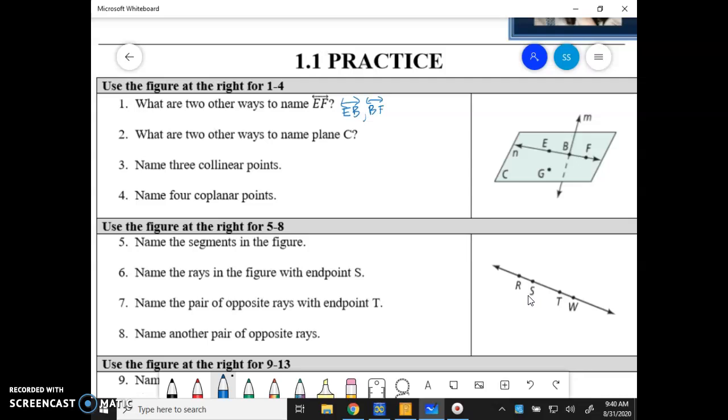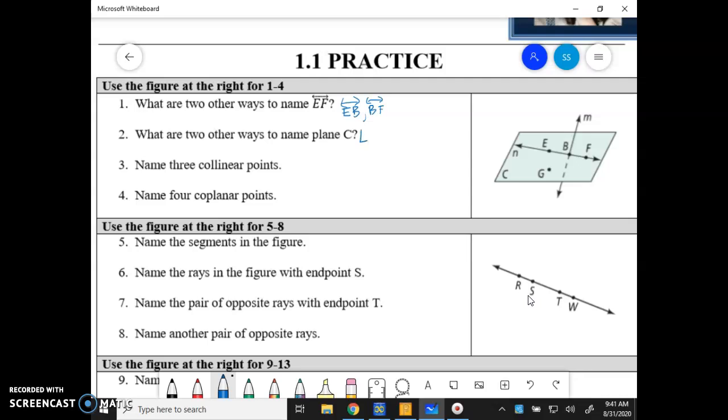All right, what are two other ways to name plane C? So this doesn't really matter here. We just need 3 points. They're identifying plane C with this big capital letter in the corner, but it's not a point here. But we can name a plane by 3 points.